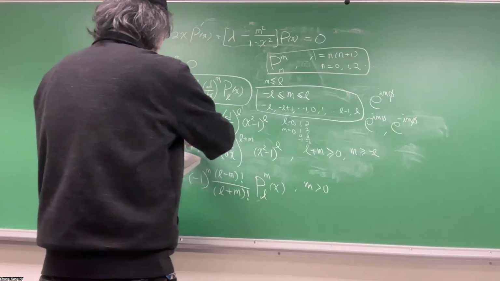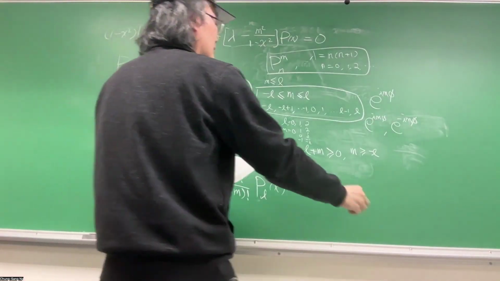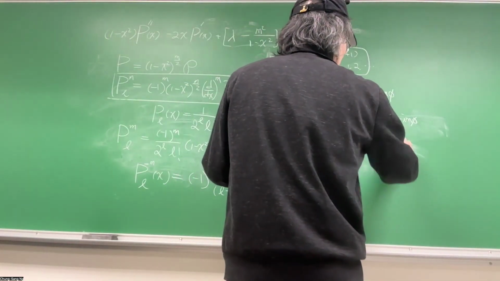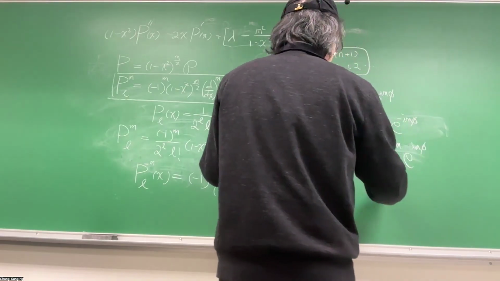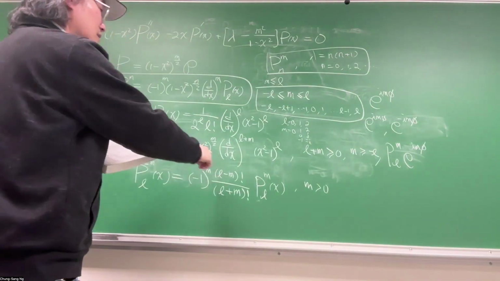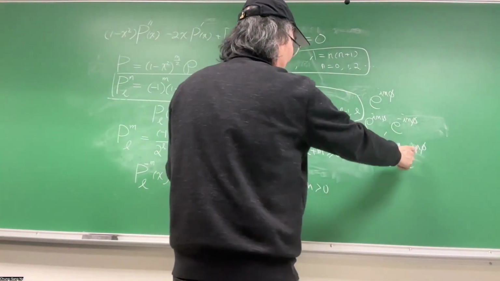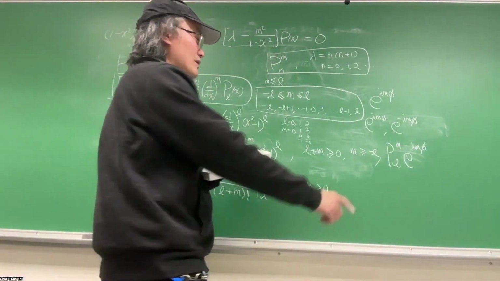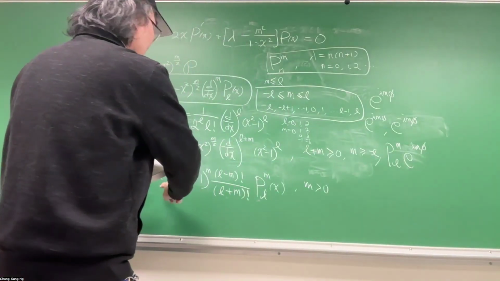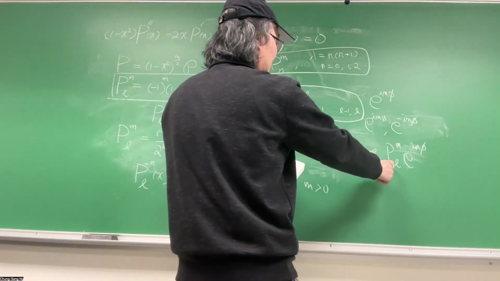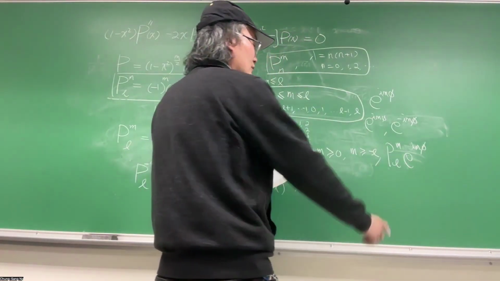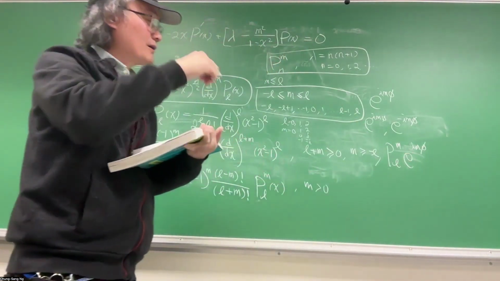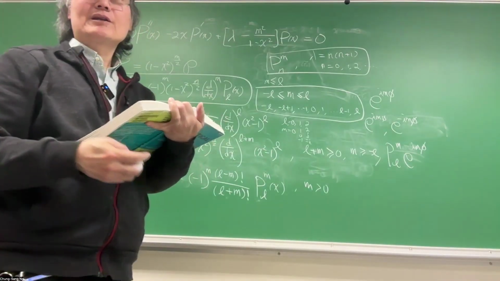So if you multiply PLM with e to the im phi, then the positive and negative m become independent again, because even if the associated Legendre function part is dependent, the exponential function part is independent, so the total is independent.